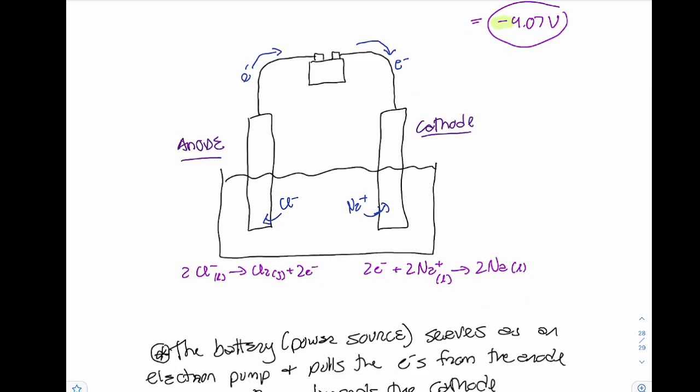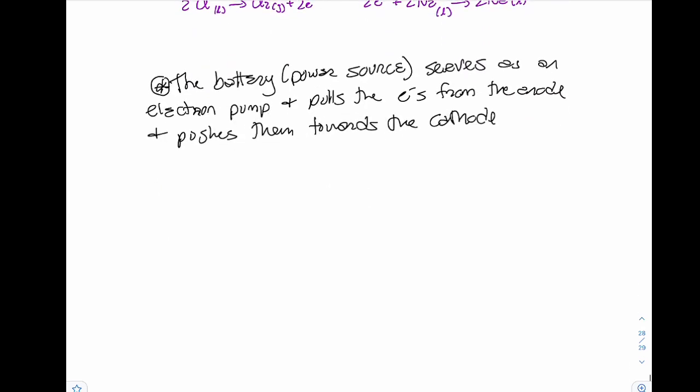So our anode is still our oxidation, but we're actually going to make it our positive electrode. In our galvanic cell, it was actually our negative electrode, and it's because the electrons are being pulled from it. And then my cathode is still my reduction, but it's my negative electrode. So let's write that down too. So anode, right? It's still my oxidation, but it's going to be our positive electrode.